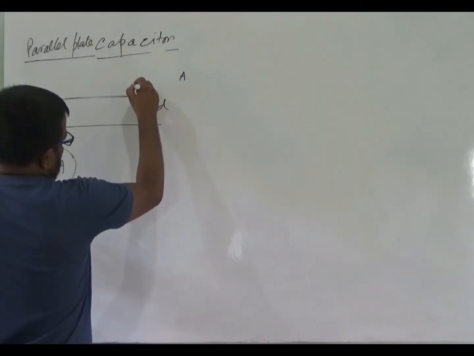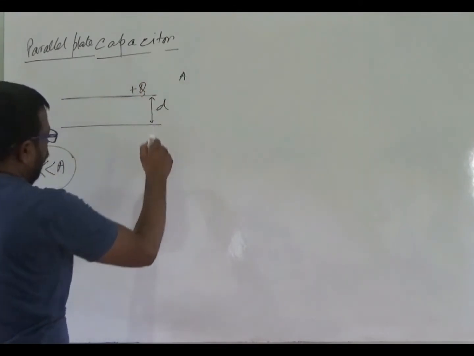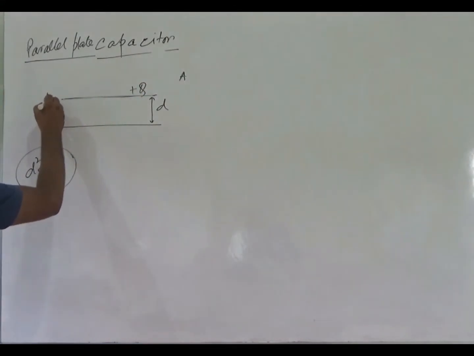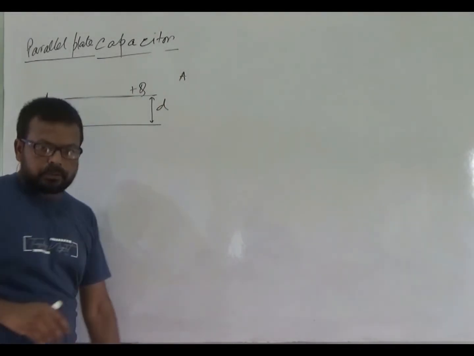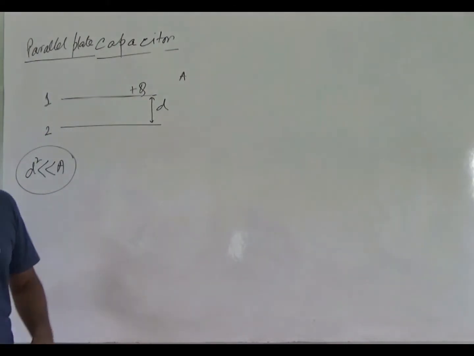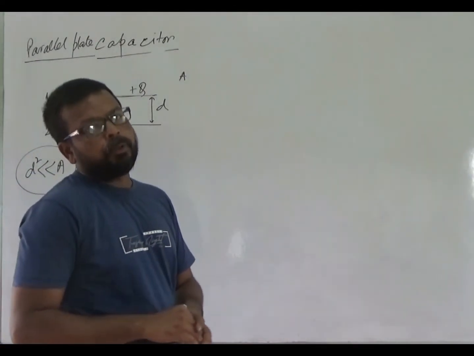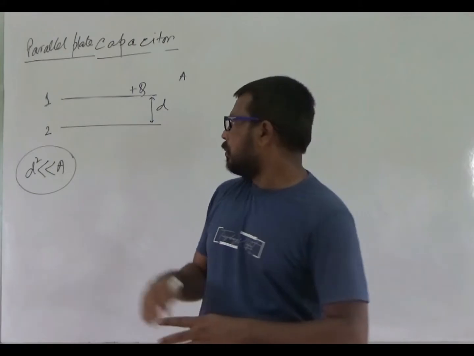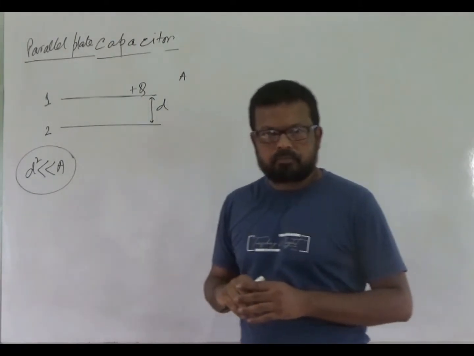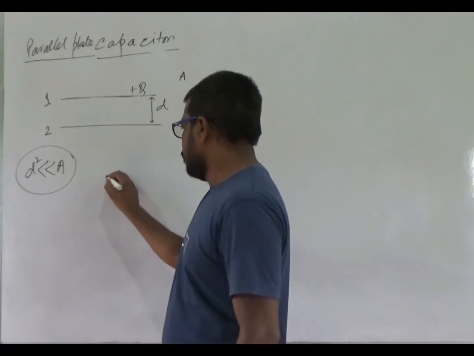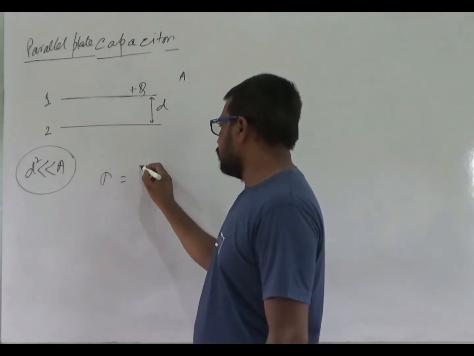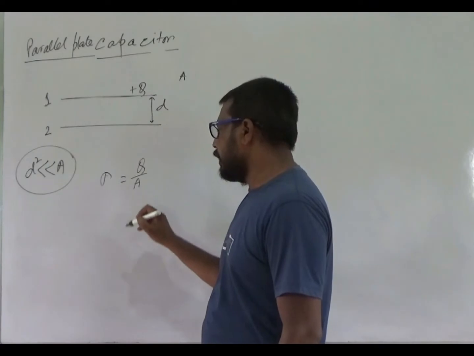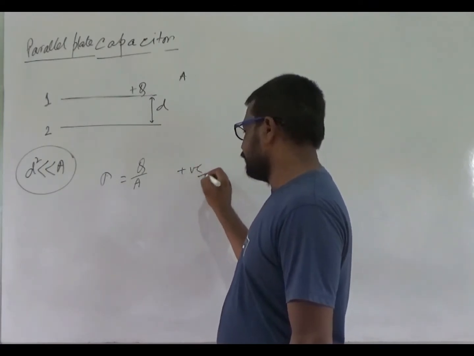If we put a plus Q charge on plate 1, and this is plate 2, then this plus Q charge will be distributed uniformly over this plate, and the surface charge density of plate 1 will be equal to Q by A, and this is positive.